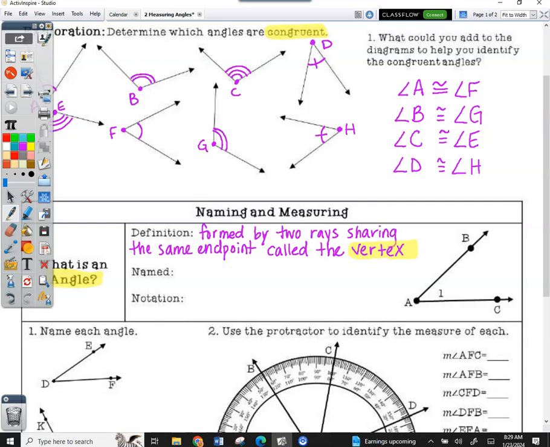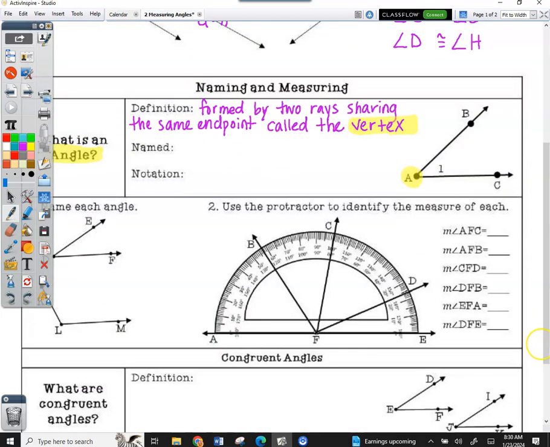And if you will take your highlighter and highlight point A right here, so that now the vertex of that angle is highlighted along with the vocab word vertex, so it should stand out as, okay, that's the vertex. When 2 rays come together, they form an angle. The vertex or the elbow of the angle is the one in the middle.